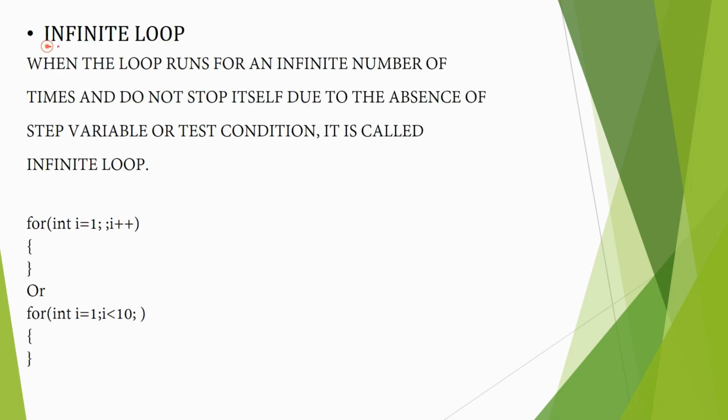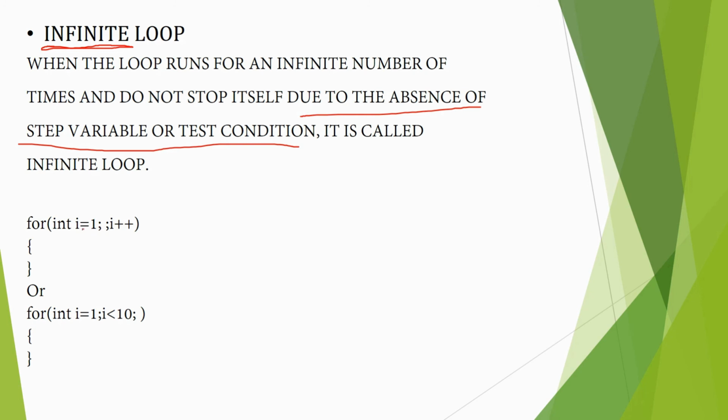Infinite loop. Now from the word infinite we understand that there is no fixed number of times that the loop runs. Now for a definition, when the loop runs for an infinite number of times and does not stop itself due to the absence of step variable or test condition. Now this is very important, due to the absence of step variable or test condition.